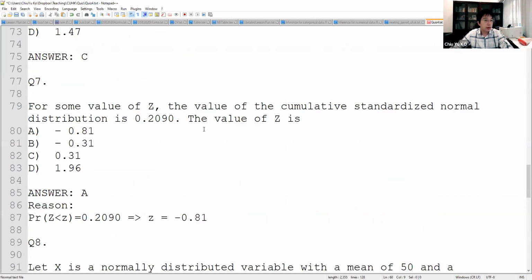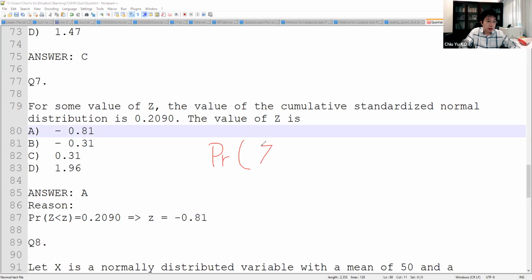So the next one is asking for what value of z the cumulative probability is 0.2. So it's the same question, we just need to invert. We use the same trick again.